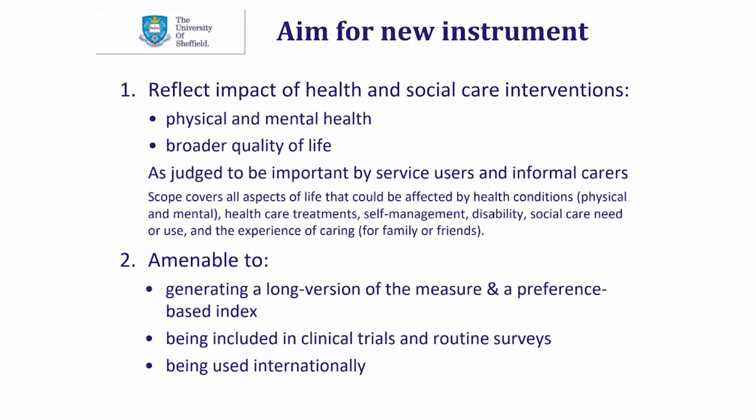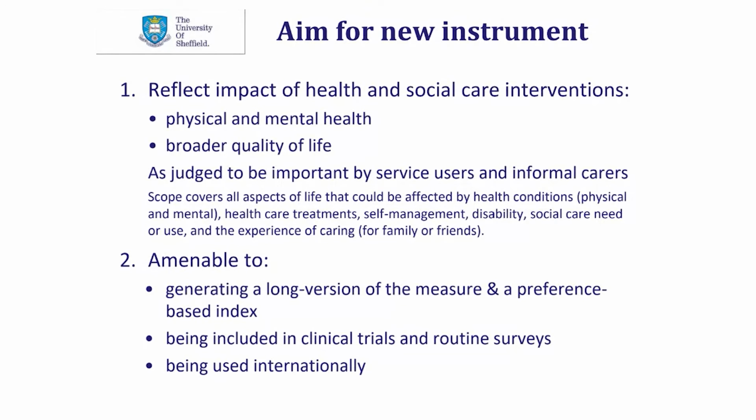So in terms of developing this new instrument, we were interested in a measure that reflected the impact of health and social care interventions on physical and mental health. We still want health, obviously, but also those broader aspects of quality of life that I mentioned.